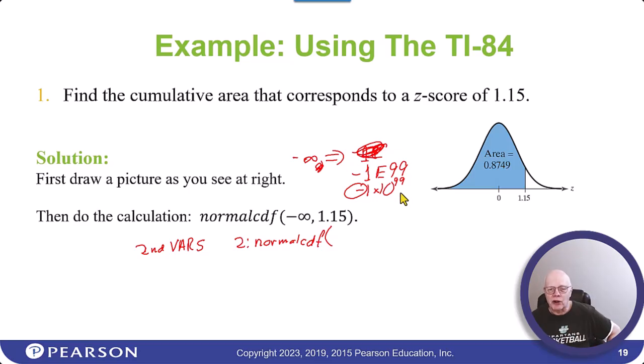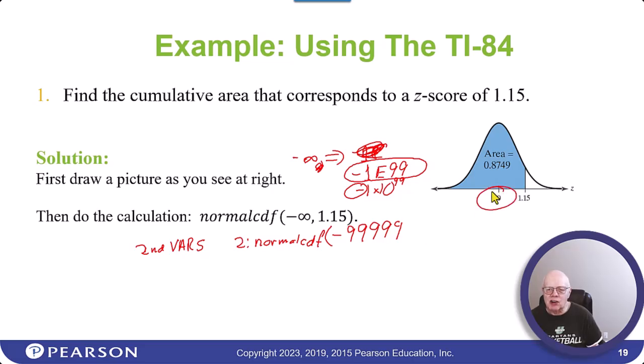But I have a tip for you. If you don't like putting this in, one way I do it, which makes the typing easy, is I just type negative 9999. In fact, maybe I'll put 5 nines in, just to make it a very big negative number compared to that 0 that's in the center.